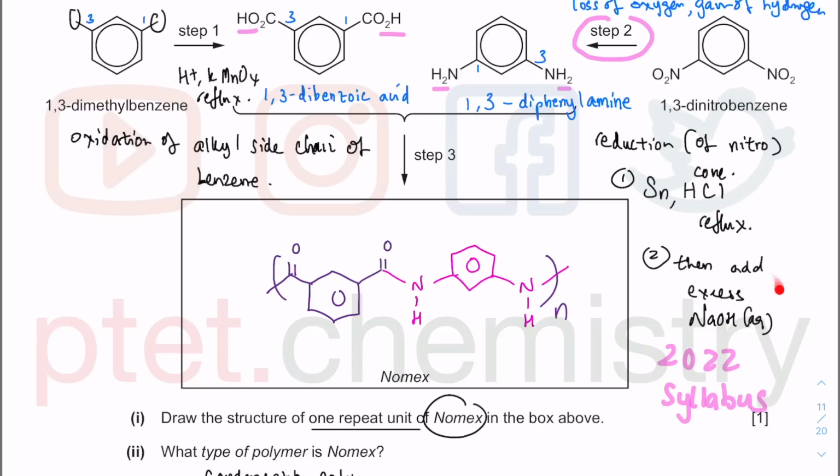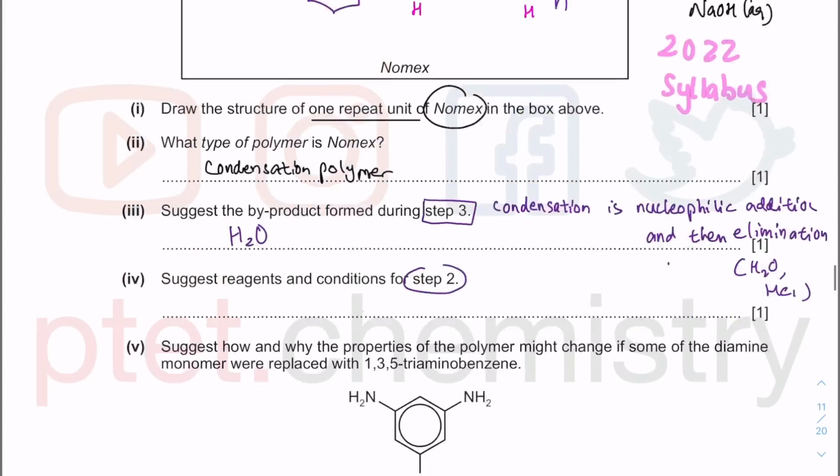As such, you have to neutralize the excess HCl by using excess NaOH, so that you take away the H+ from the phenylamine that got protonated previously, and only then will you get the free form of the phenylamine there. So I'm just going to copy paste that so that I don't have to write.